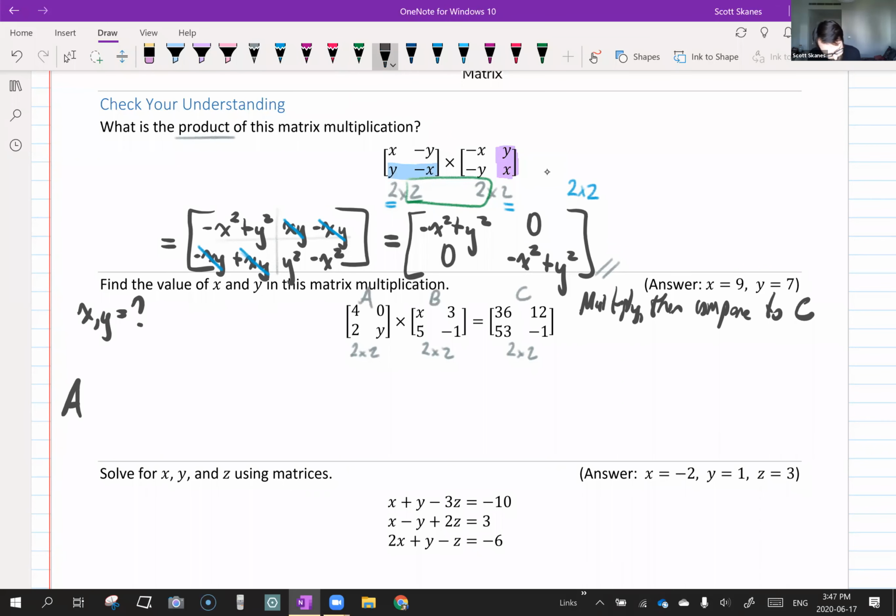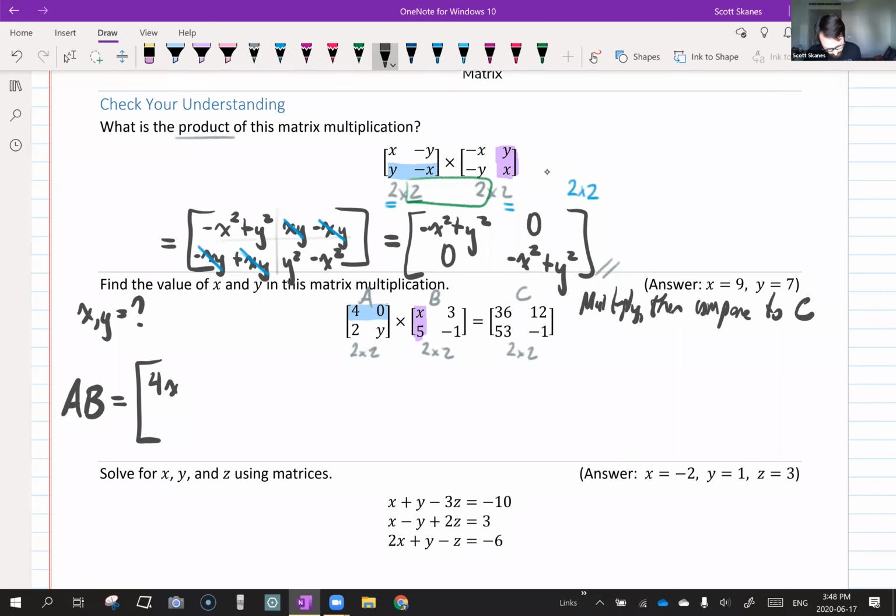So let me just show you what I mean. A times B, if I multiply it the same way that I've been multiplying it. So first row times the first column. In the top left here, I should have 4x plus 0 times 5. So 0 times 5 is a 0, so I just have 4x. All right.